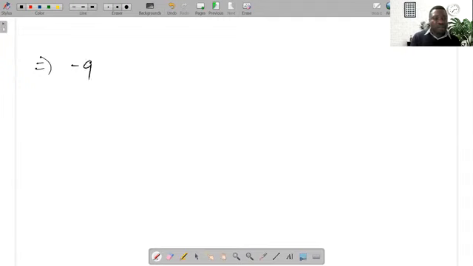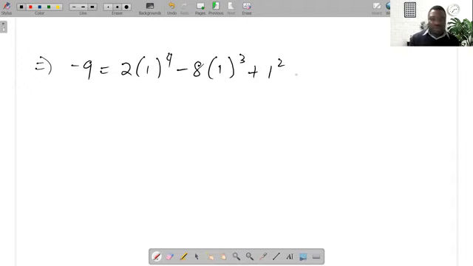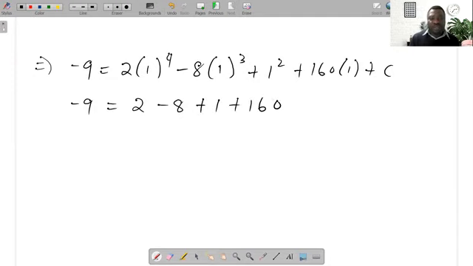Next page. So that will be -9 is equal to, so I'm just repeating what I wrote in the previous page, plus 1 squared plus 160 and then plus C. So in that case, I have -9, that will give me 2, that will give me 8 plus 1 plus 160 and then plus C. Okay, and I can simplify from here.